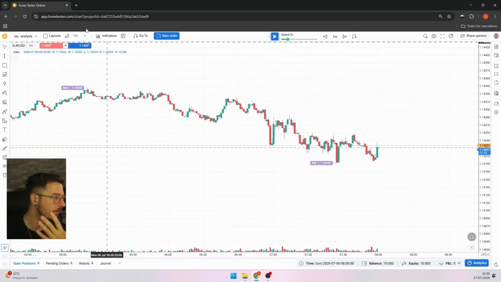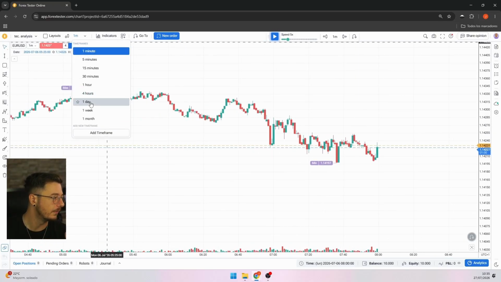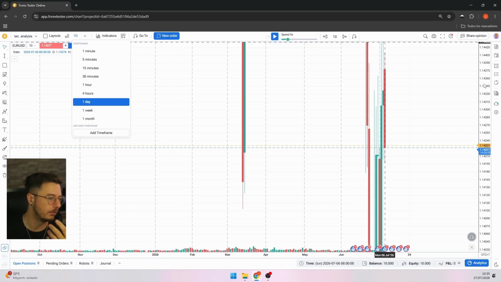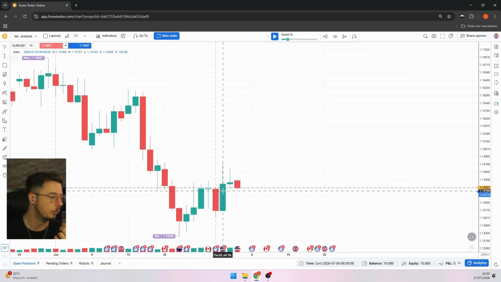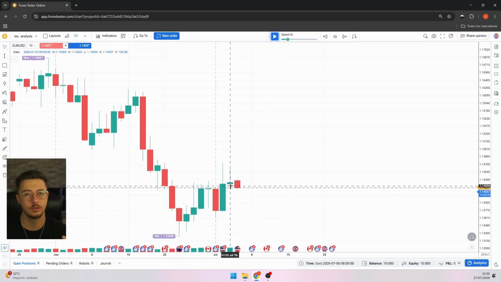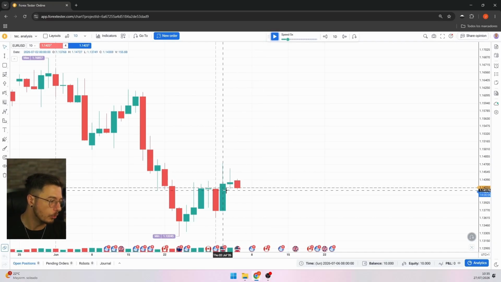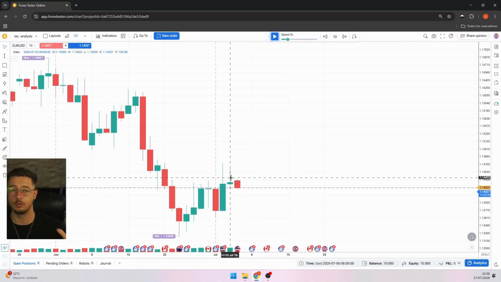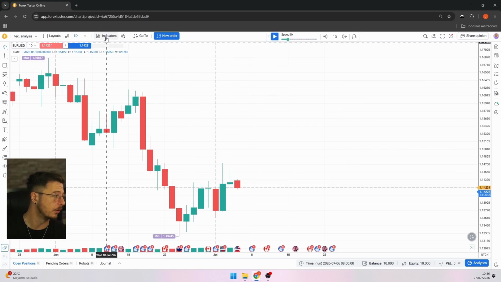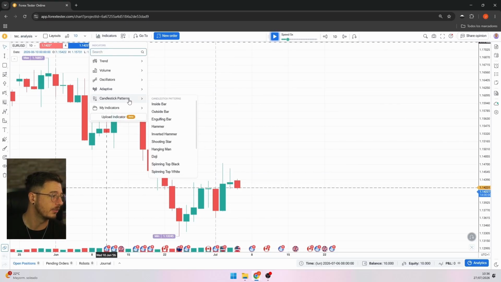Basically, we can see that if we have one daily candle, in this case the previous day candle was a doji. This is a candlestick formation, because we have different candlestick patterns that we can use in our favor to find our edge. And this candlestick here is a doji. If you have any issues finding these types of candlesticks, we can come to indicators in Forex Tester Online, where we have candlestick patterns.